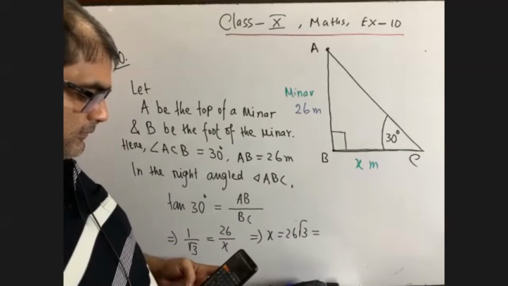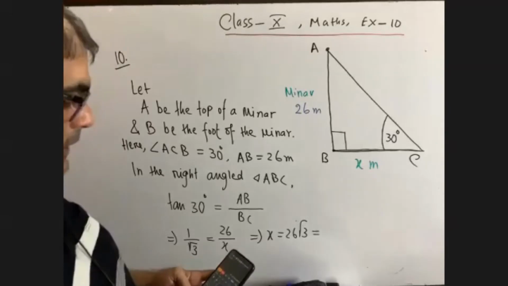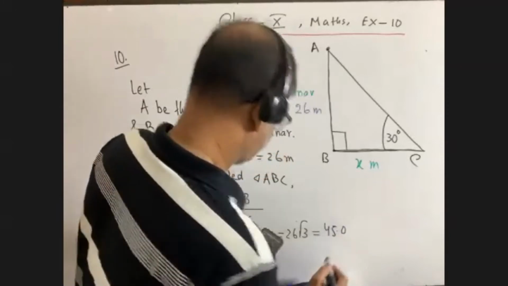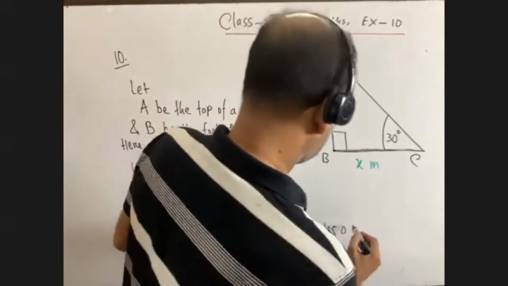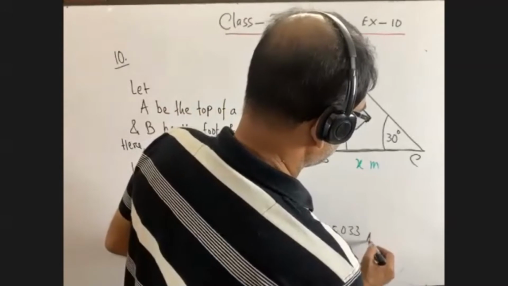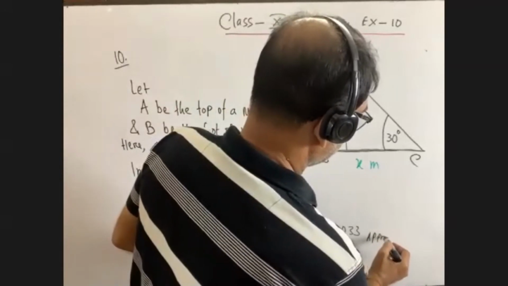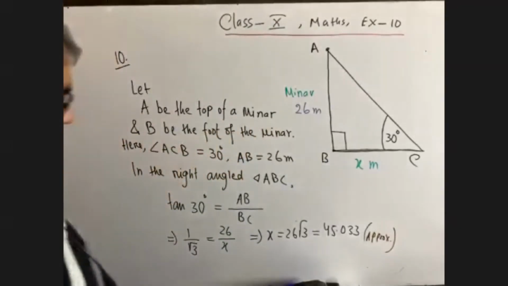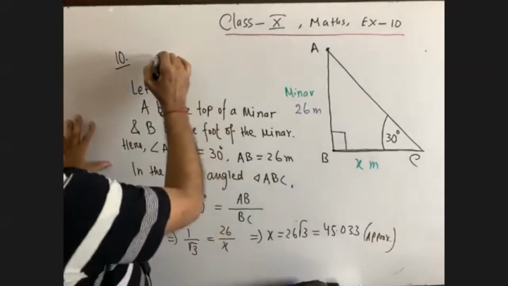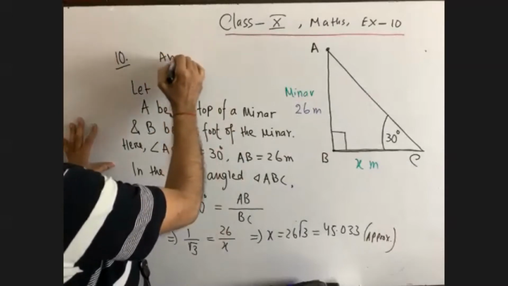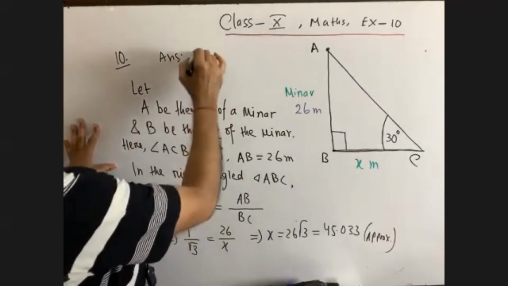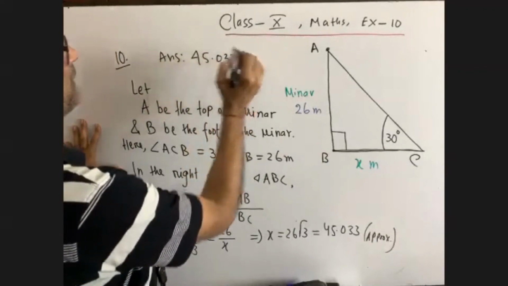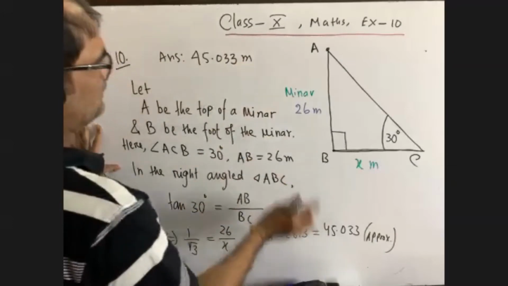45.033. Okay, it will be approximate. Then you have to write down, therefore, x equals 45.033 meter. Now you are going to write down meter, but not here.